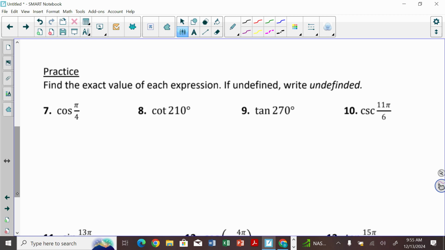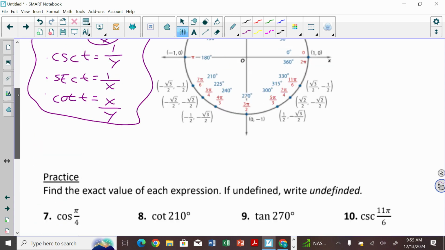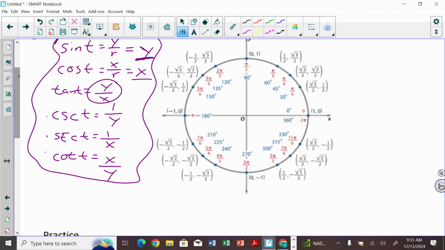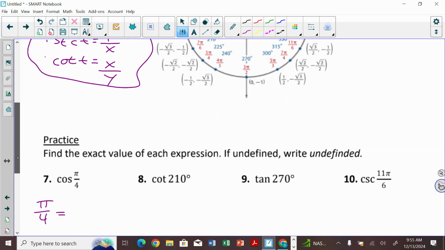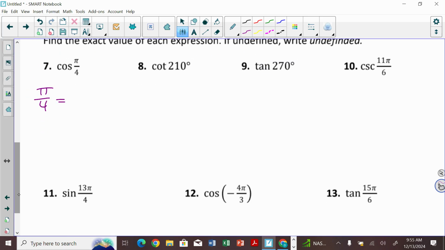All right, so pi over 4. Let's look at pi over 4 on the unit circle. If I find that value on the unit circle, here it is, pi over 4. So here's the point that I'm dealing with: square root of 2 over 2, square root of 2 over 2. So pi over 4 corresponds to the point square root of 2 over 2, comma, square root of 2 over 2.